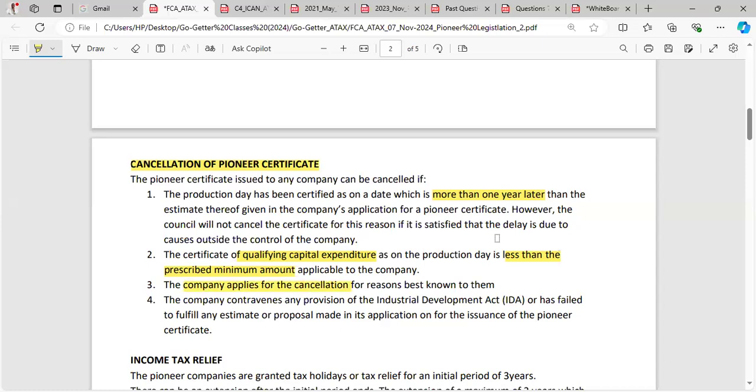So if the company says, please, we want you to cancel the pioneer certificate, they will go ahead and honor it. Or the company contravenes any provision of the IDA. If it contravenes any of its provisions, it will be cancelled.